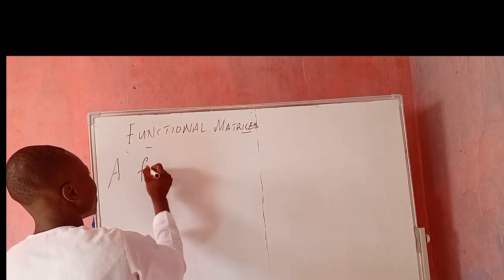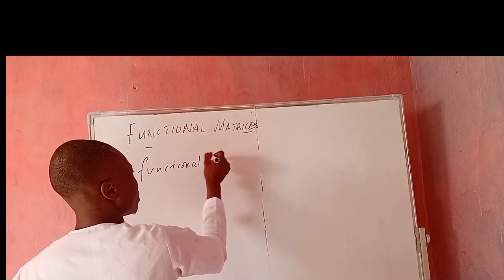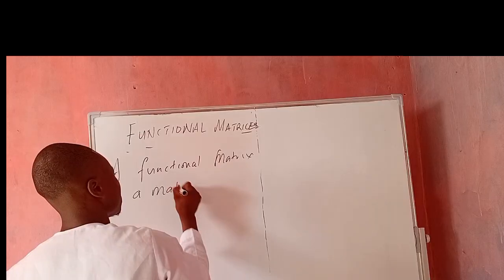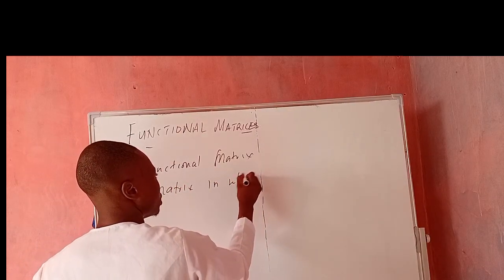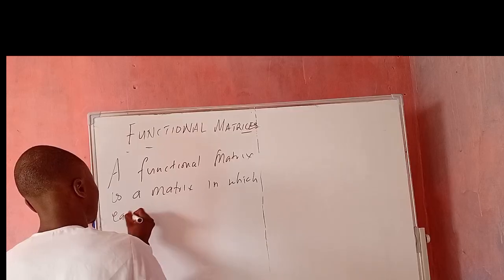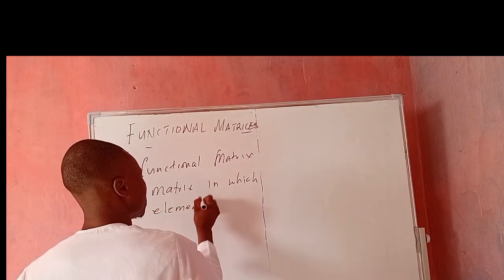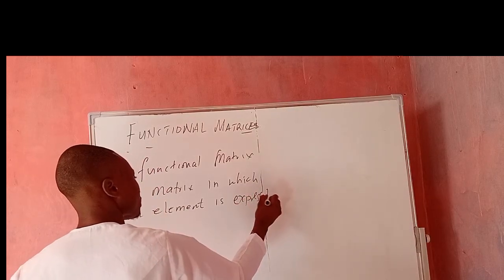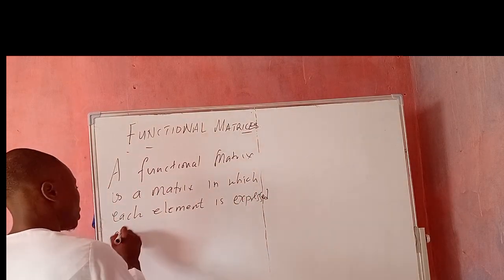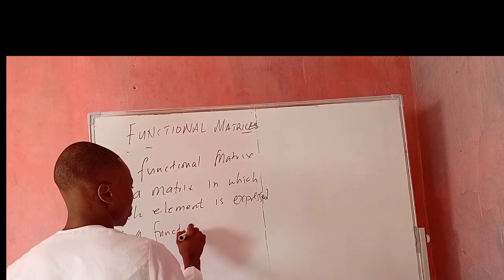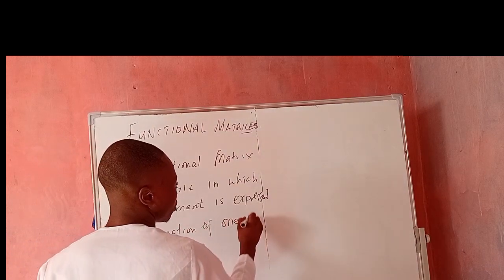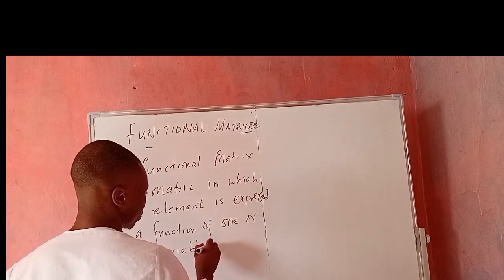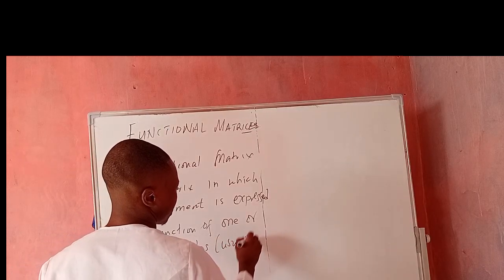So we say a functional matrix is a matrix in which each element is expressed as a function of one or more variables, usually in x.